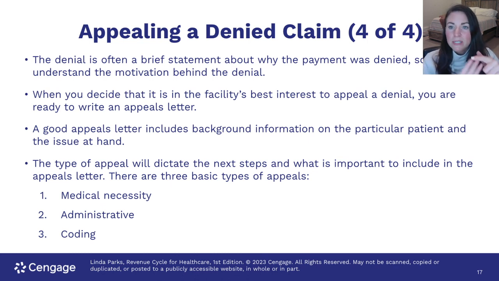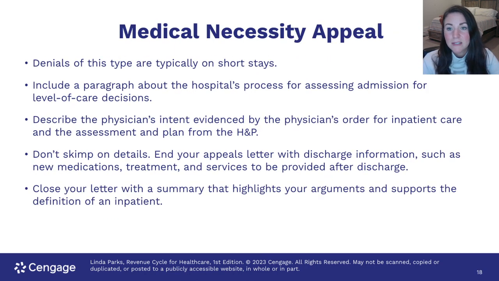There are 3 types of appeals: medical necessity, administrative, and coding. Depending on which type you have will determine what your next steps are and what you have to include in the appeals letter.